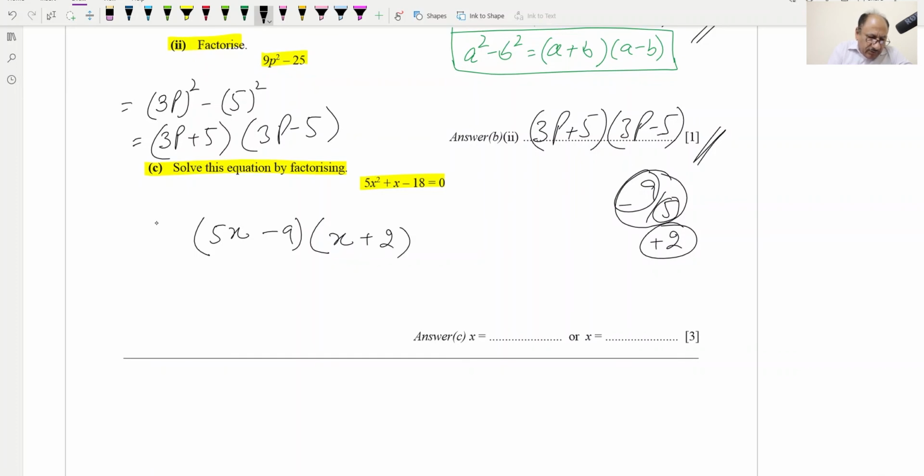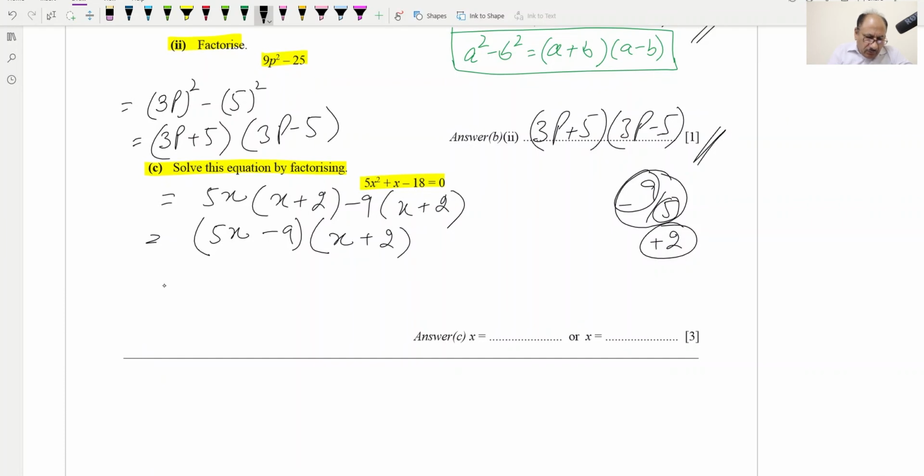And to provide the intermediate step, we will write 5x, and this whole term we will provide in brackets, x plus 2, and then minus 9, and again this one will be x plus 2, and this will be the intermediate step.